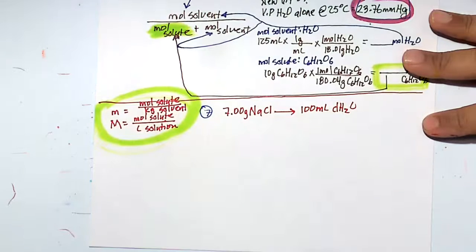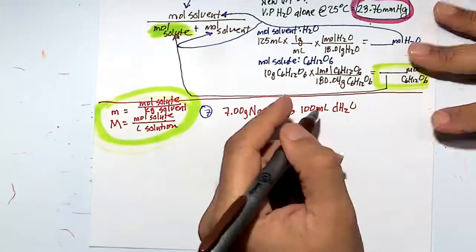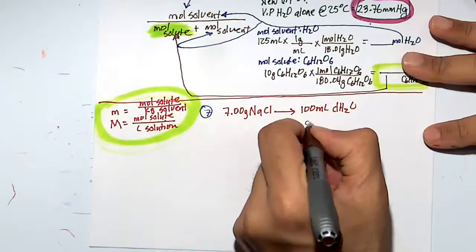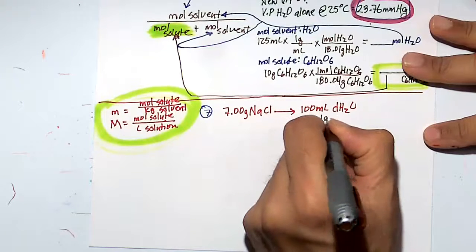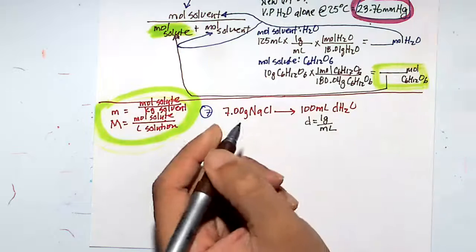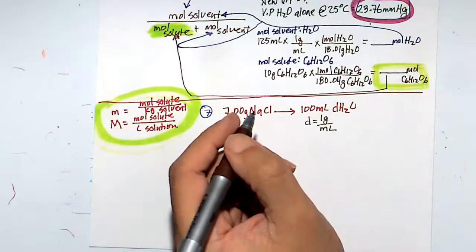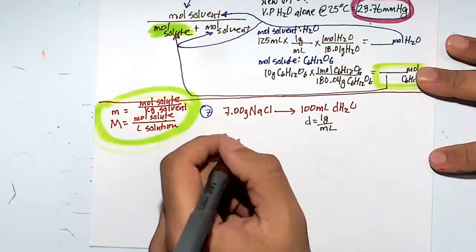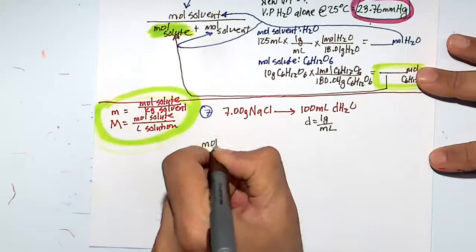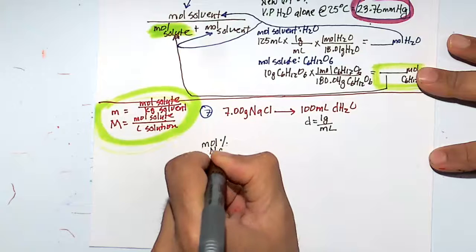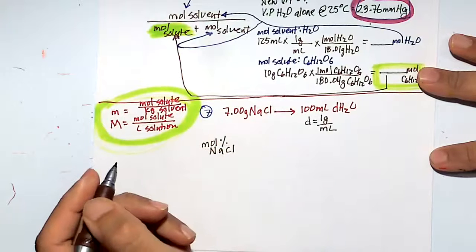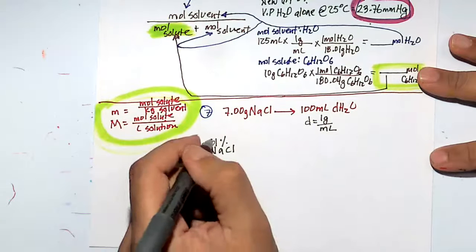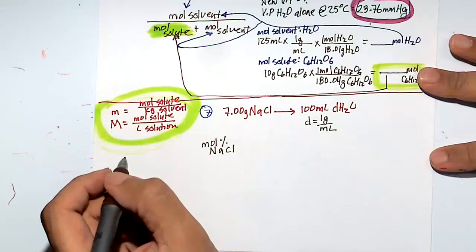Remember, I want you to memorize this, not just for this exam, but maybe in your future career. Quick and dirty, at 25 degrees, this is about 1 gram per mil density. The question is, what is the mole percent of NaCl? Another type of concentration, mole percent.